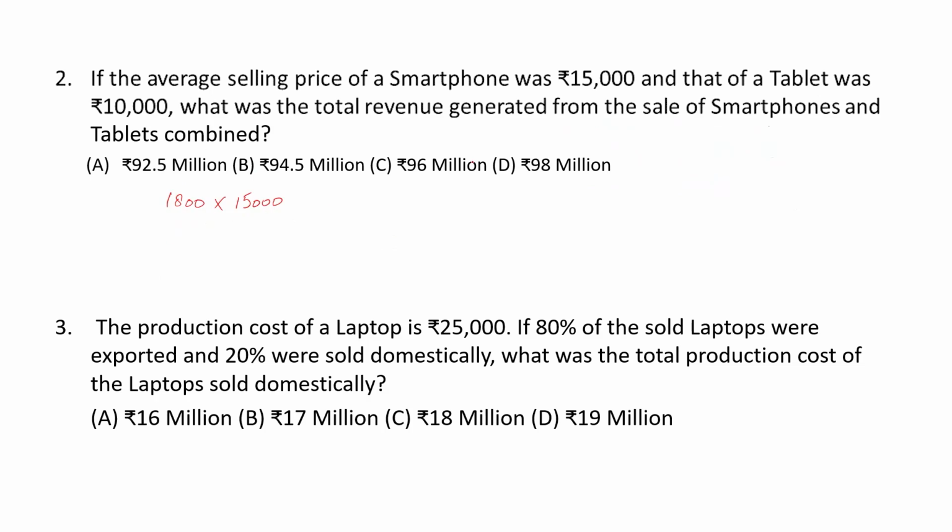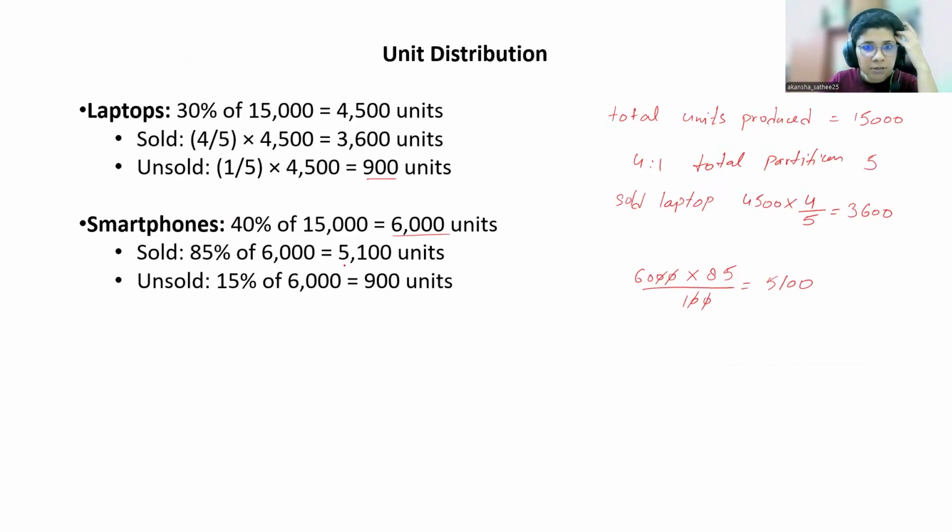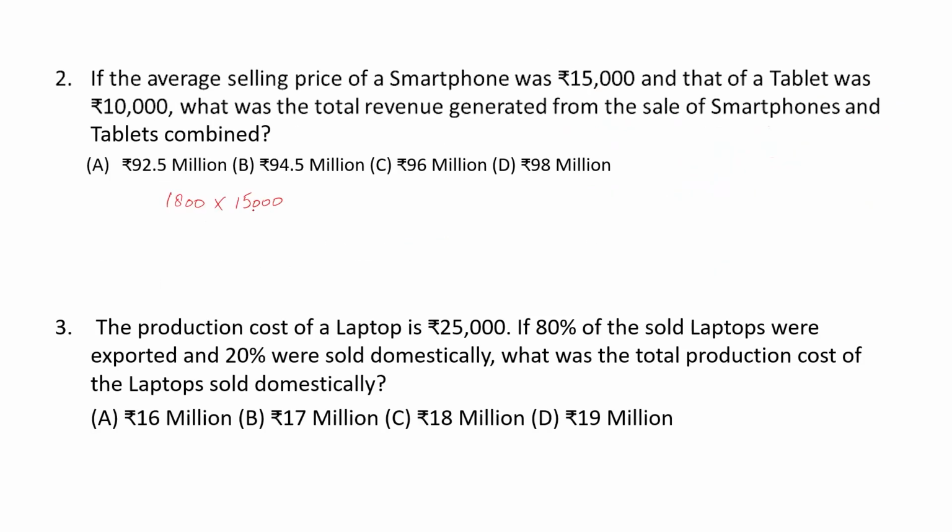And how many smartphones are sold? It is 5,100. And what is the selling price? It is 10,000. This you have to compute. 5,100 into 10,000. If you multiply these two, it will come out to be 51,000,000. And the first product will be 27,000,000.